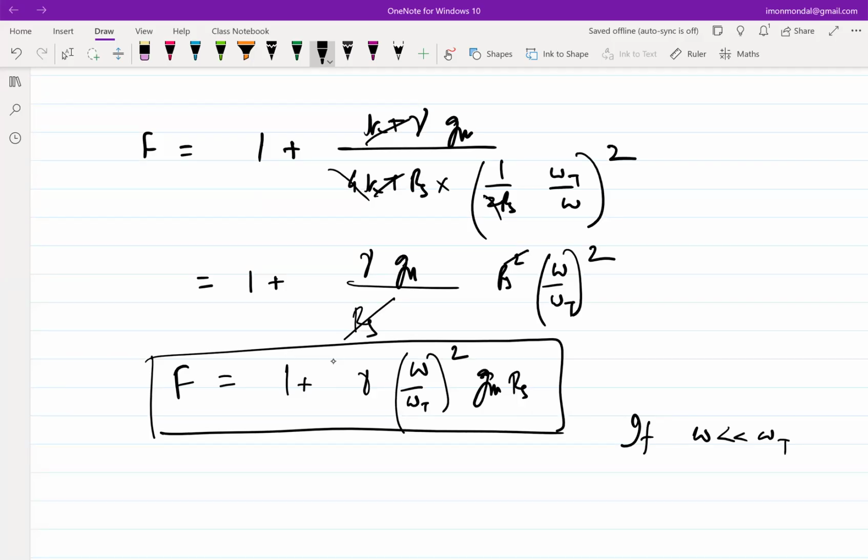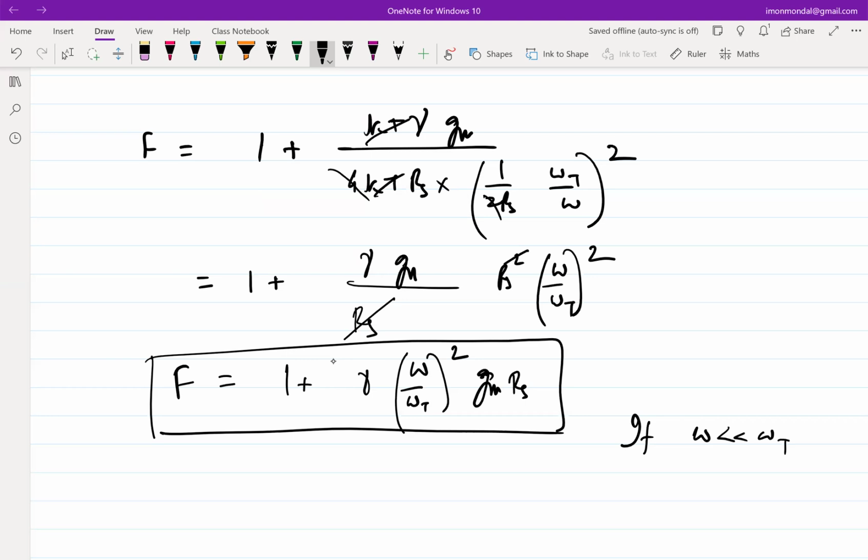But the thing that you should be mindful of is that this noise figure looks like the excess noise is directly proportional to RS, right? And looks like RS is not in your control, which means if omega gets closer and closer to omega t, right? Even if omega is like 1/10 of omega t, then this probably is okay.